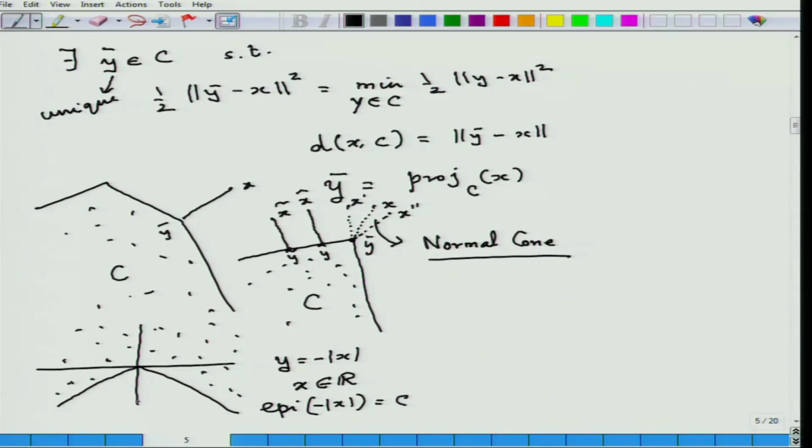Take any point on the line here, drop a perpendicular, this is the nearest one.